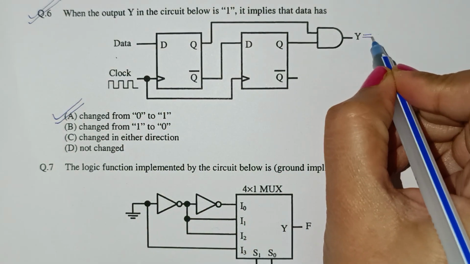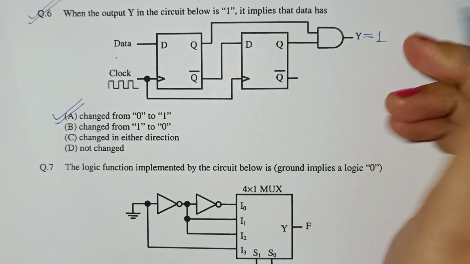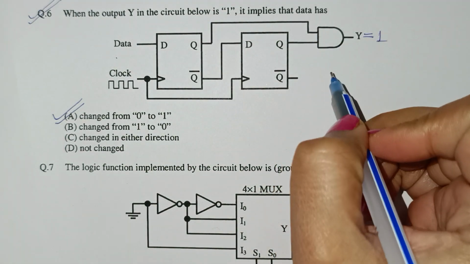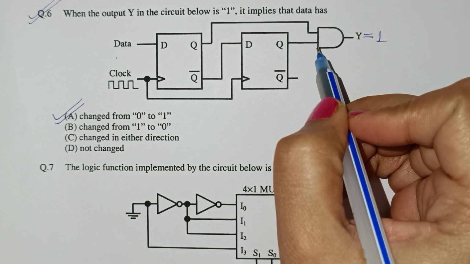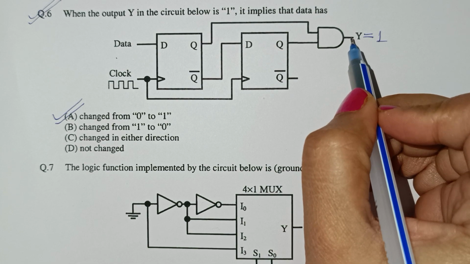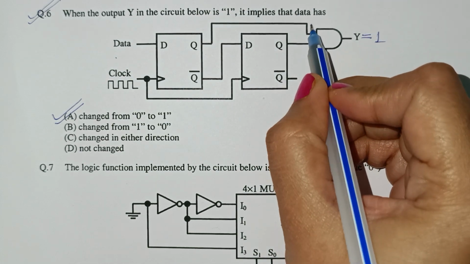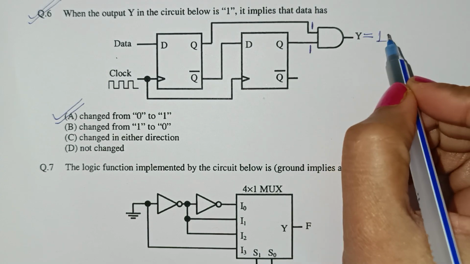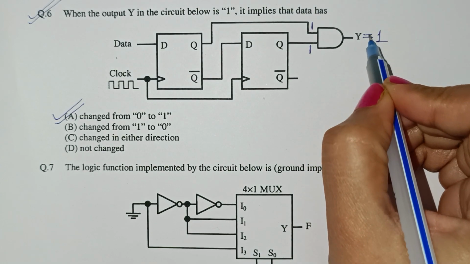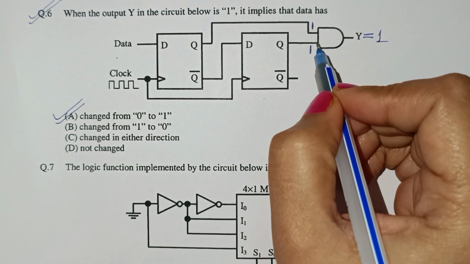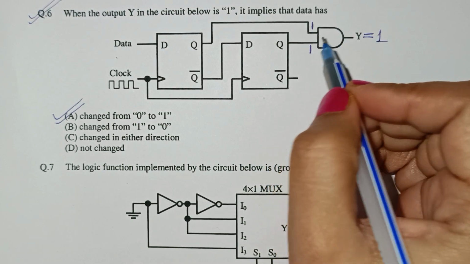This output is 1, and we know that this gate is an AND gate, and an AND gate's output is 1 when both inputs are 1. So this condition is satisfied, and the output will be 1 only when the inputs to this gate are 1.